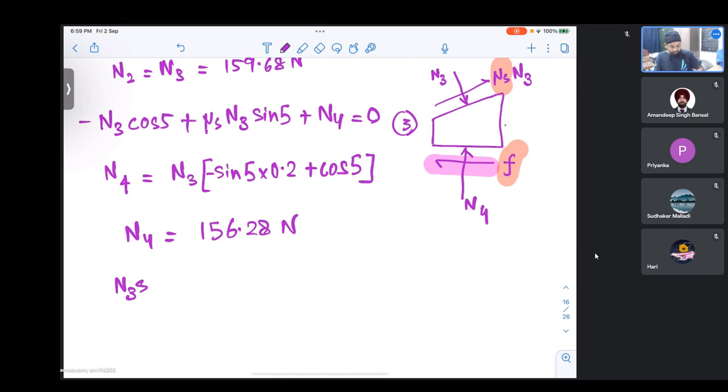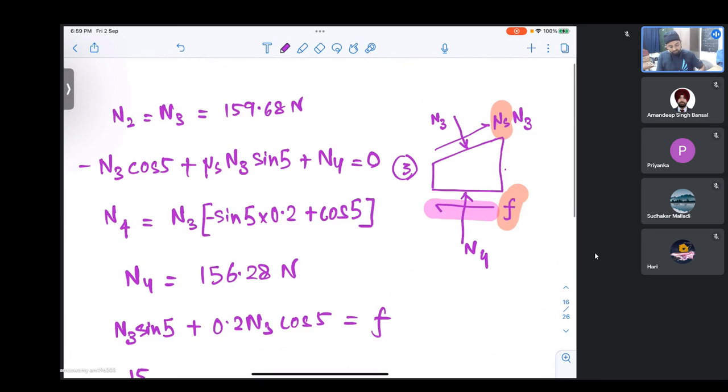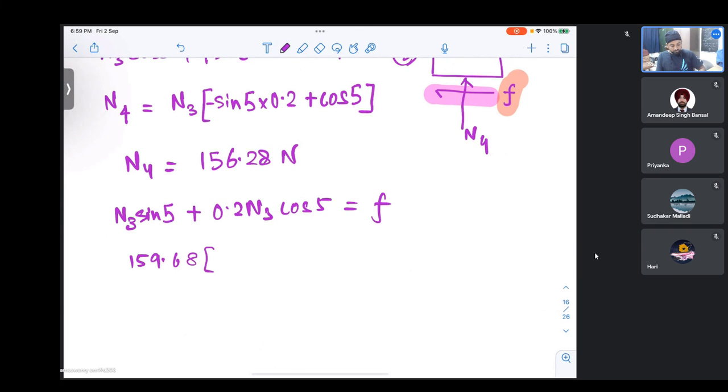So it will be N3 sine phi plus 0.2 N3 cos phi is equal to F. So F comes out to be 159.68 into sine phi plus 0.2 cos phi. It is 45.73 newtons.